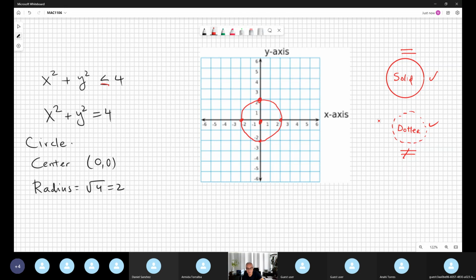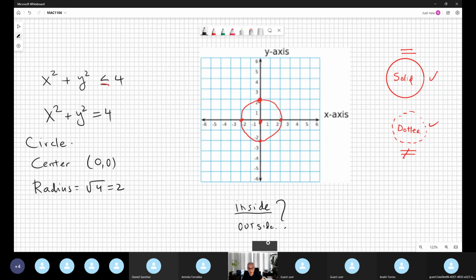Inside or outside? No idea. Okay, this is inside.